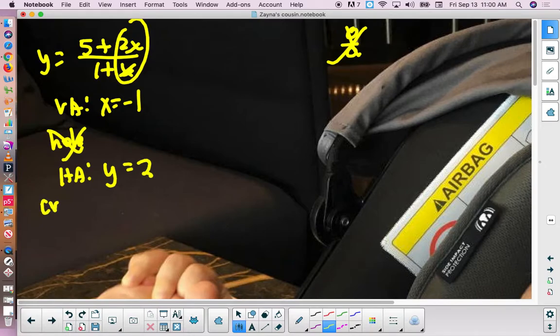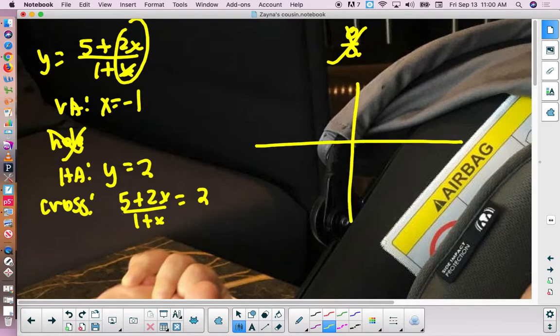I'm going to check for cross. I know I'm going fast, but it will help. To check and see if it crosses, I set them equal to each other. So I take y equals 5 plus 2x over 1 plus x, and I set it equal to y equals what? 2. By the way, let me draw some things. My vertical asymptote is -1.